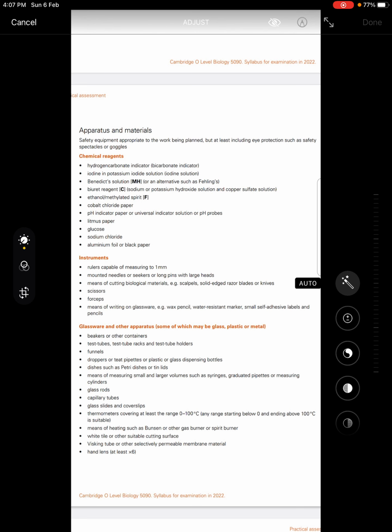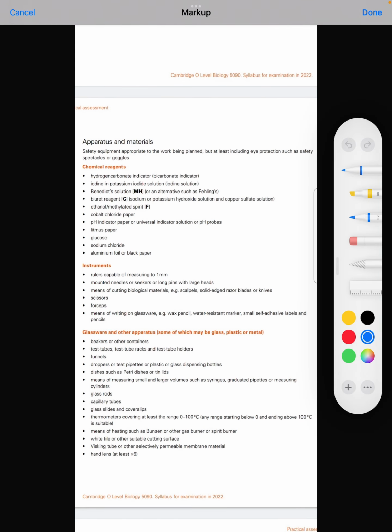Okay, so for example, here I have this list that they've given. So for apparatus and material, safety equipment appropriate to the work being planned, but at least including eye protection, such as safety spectacles or goggles.